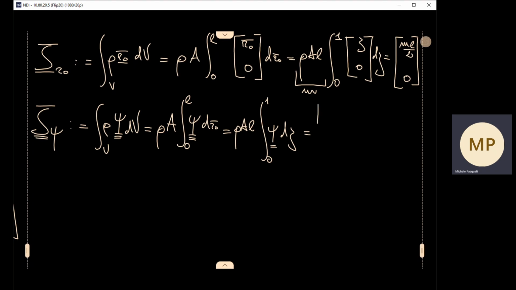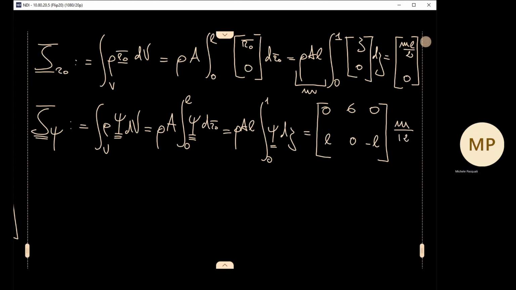And if you take into account the psi matrix that we have just defined, this becomes 0, 6, 0, L, 6, 0, minus L, all of this multiplied by M divided by 12. So you see, these are very simple integrals, but this is actually what happens in your code.